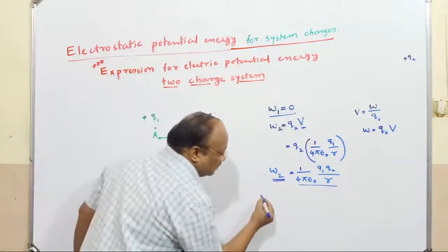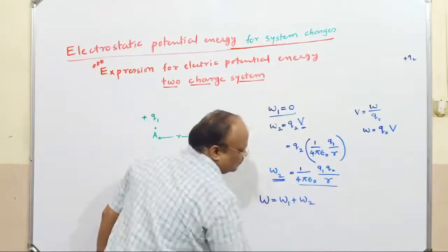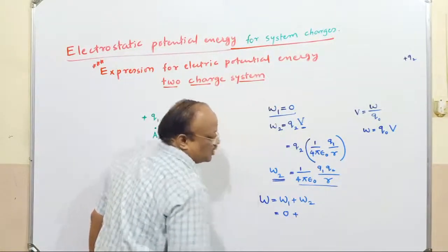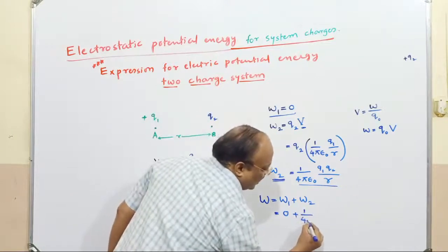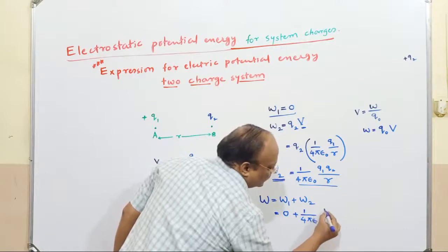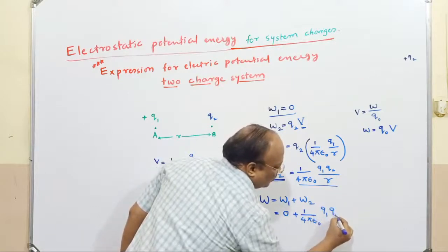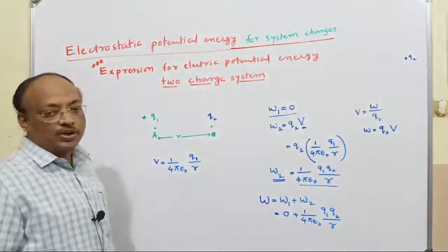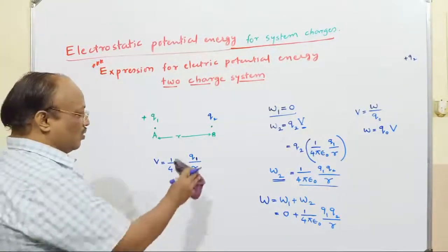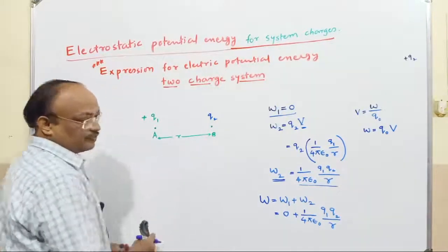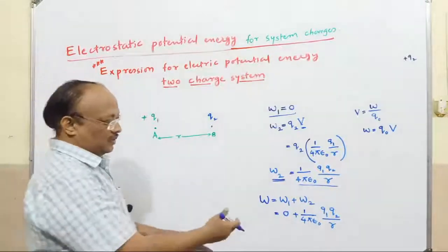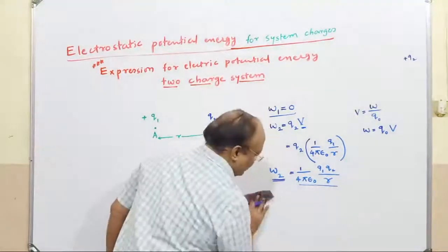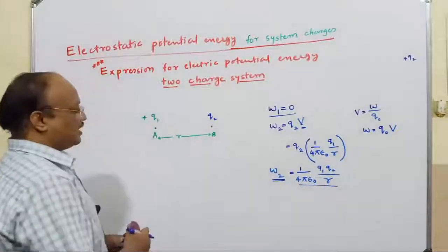Then what is the total work done? W1 is 0 plus W2 is 1 by 4 pi epsilon naught Q1 into Q2 by R. Okay, so now, since it is not visualizing, I'll write it here.